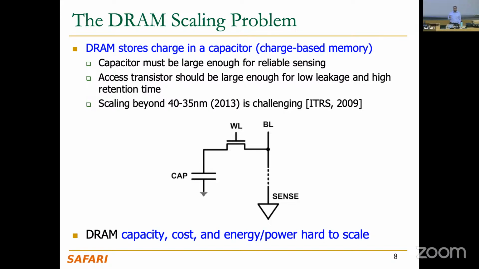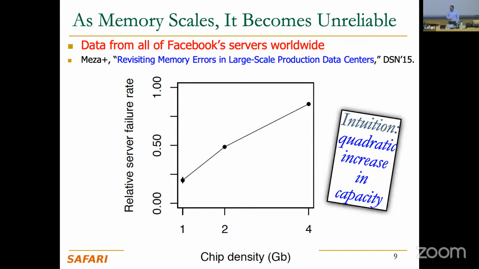And if you scale down the size of this capacitor and transistor, then you might face some reliability issues. Here is a plot showing the relative server failure rates collected from all Facebook servers. This is from a paper in 2015 that shows that as you increase chip density, you have the same chip size and you put more bits into the chip.